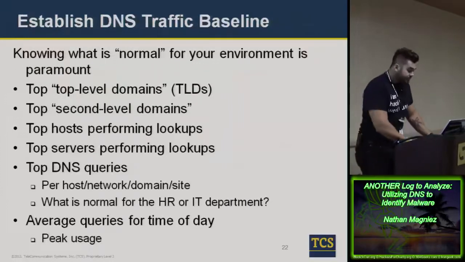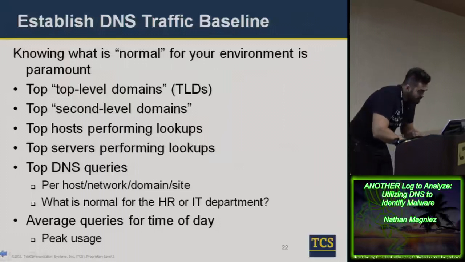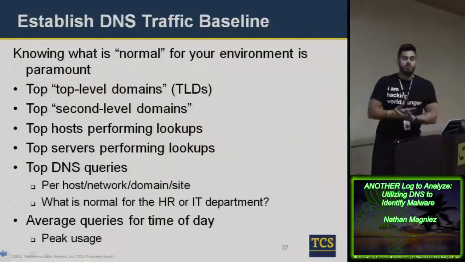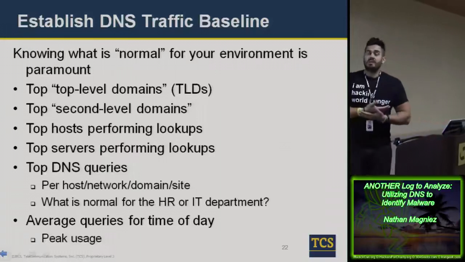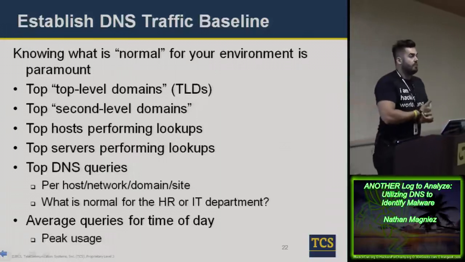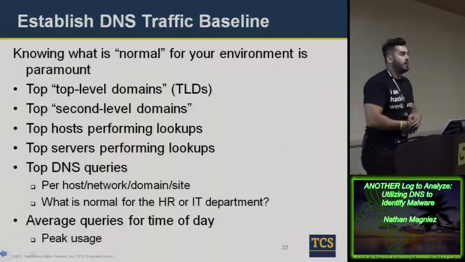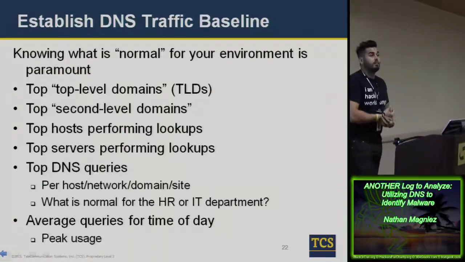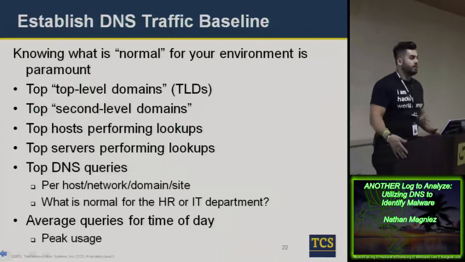All right, so we need to know what's normal, like I said. Sorry, this is not advancing with the slide deck. One second. All right, so what's normal for your baseline? We need to know what our top level domains are: the .com, the .govs, the .mils. Where is our user set going to? Most likely it's going to be .com, right? Unless you live in Europe or something like that.